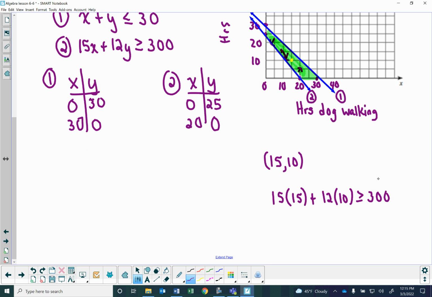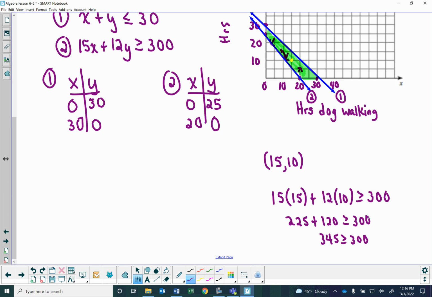Right? 15 times 15 is 225, and 12 times 10 is 120, and 225 plus 120 is 345. So that works, doesn't it? $345 is definitely greater than $300. So she'll earn at least $300 if she walks dogs for 15 hours and babysits for 10 hours.